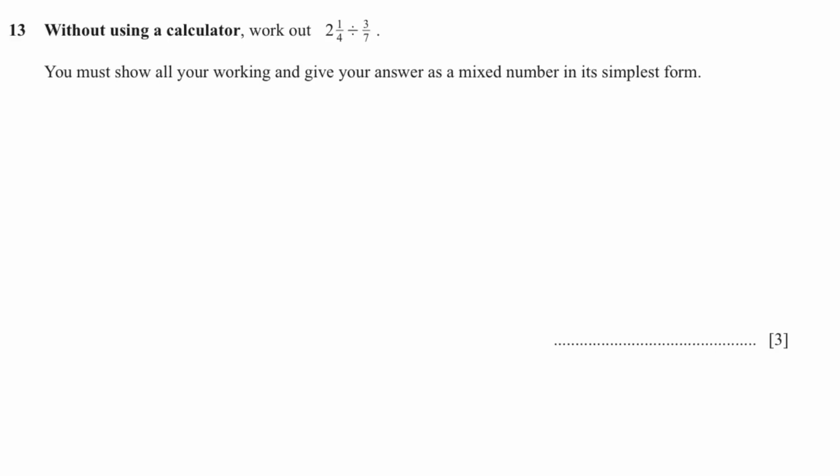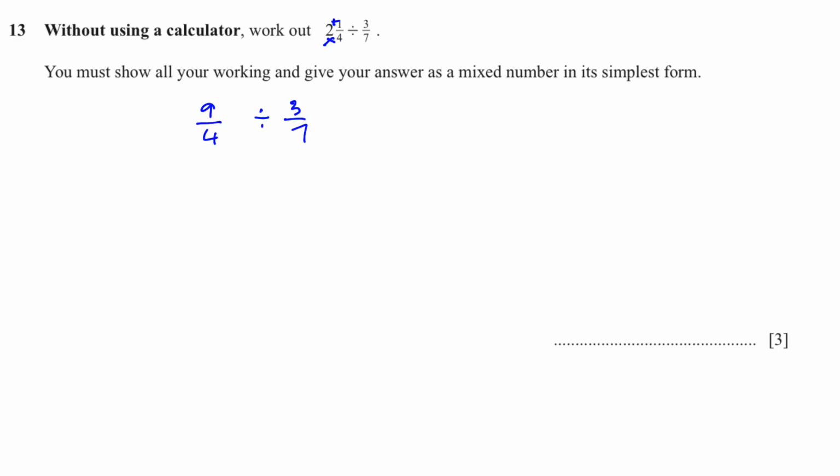In the next question, we have to solve the fraction without using a calculator. It's a 3-mark question. To change the mixed number into an improper fraction, we have to multiply 4 by 2 and add 1. So you will get 9 over 4 divided by 3 over 7.